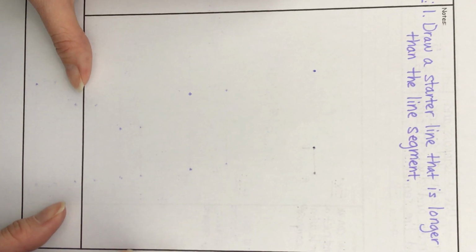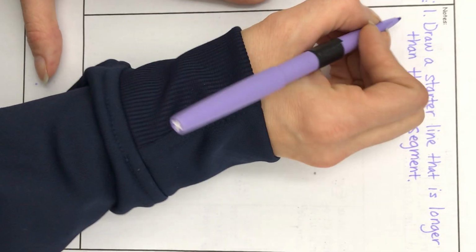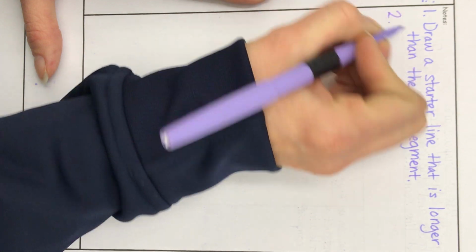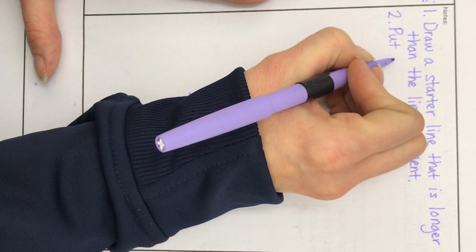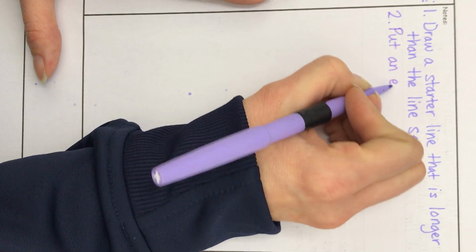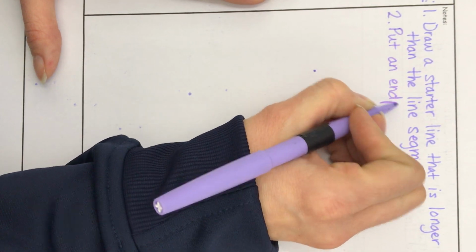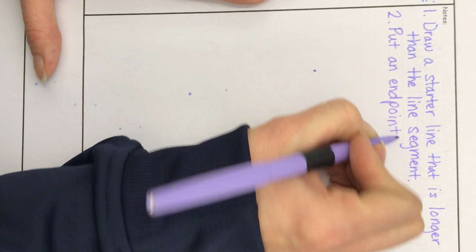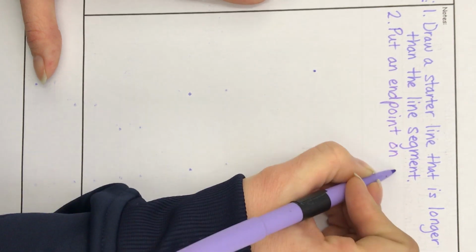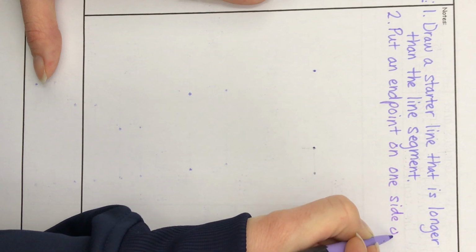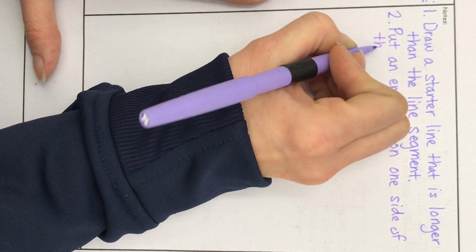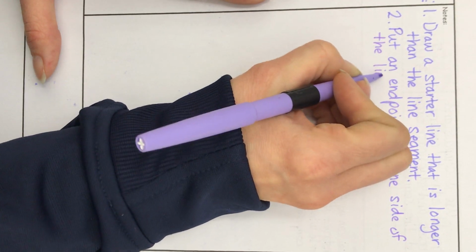The next thing that we do is we put an endpoint on one side of the line.